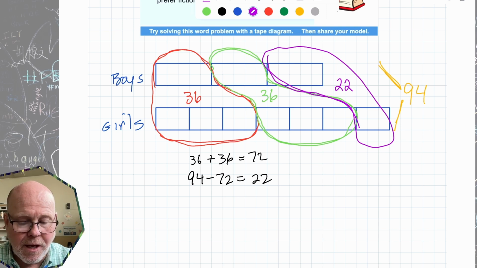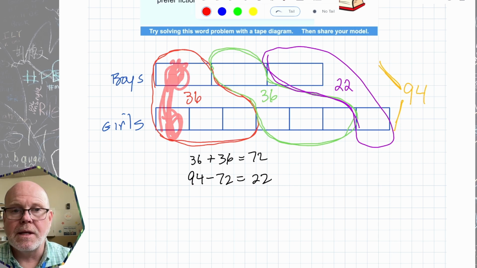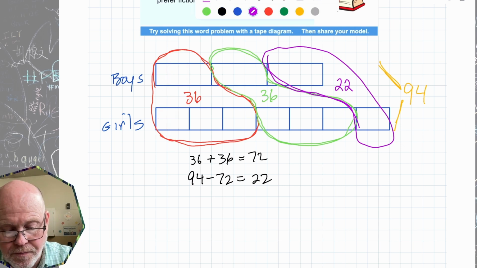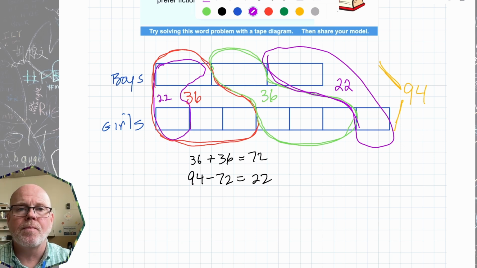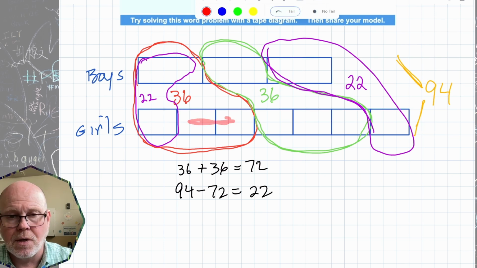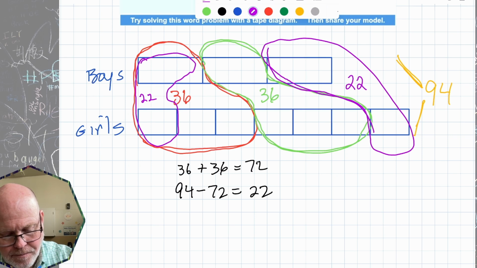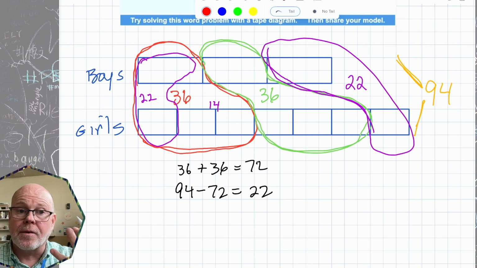So that means we can go back and say a boy unit plus 1 girl unit equals 22 also. So this boy unit and this girl unit have to equal 22, which means these 2 last remaining girl units have to be 14 total, because that's how we get 36 altogether.